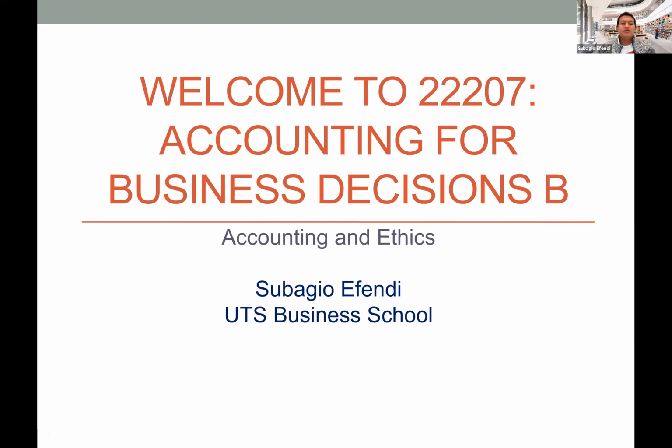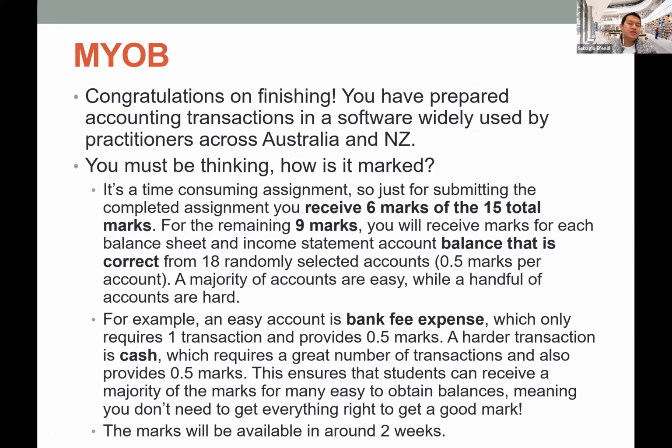Okay, in case you want to know how I will mark the assignment, the total marks for the assignment is 15. If you submit all 6 reports, you will automatically get 6 marks, based on the completeness of the submission.